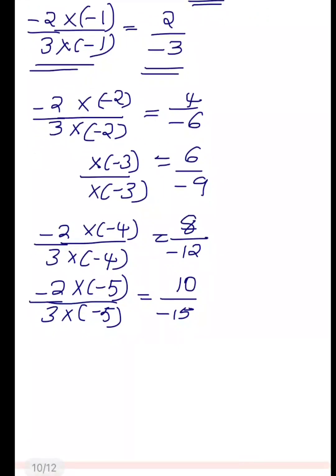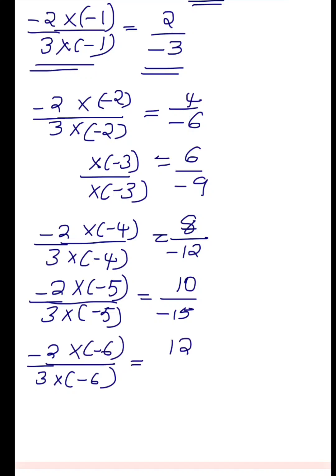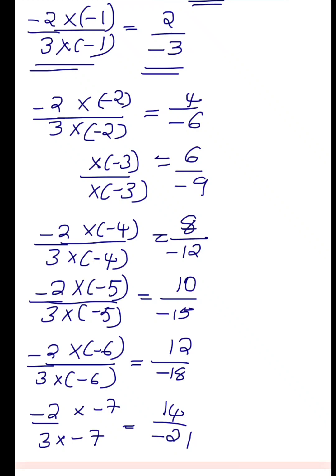Now the next one, minus 2 by 3 into minus 6 by minus 6. The answer will be 12 by minus 18. Minus 2 by 3 into minus 7 by minus 7. So 14 by minus 21. Okay, so the next four rational numbers are 8 by minus 12, 10 by minus 15, 12 by minus 18 and 14 by minus 21. Okay, so this is the answer for the fourth question.